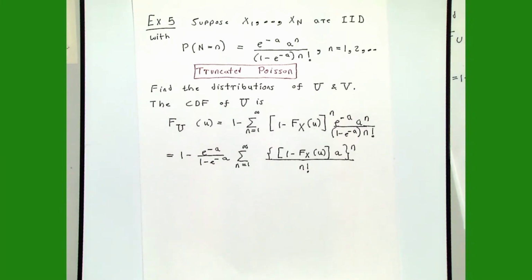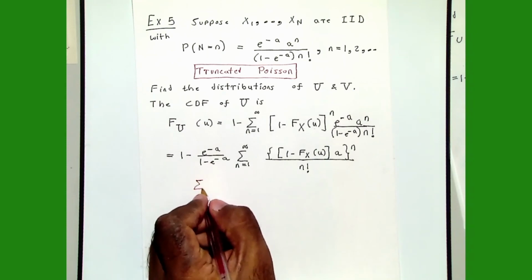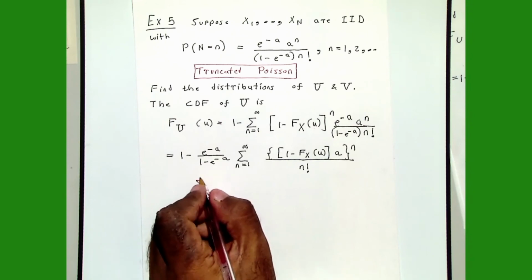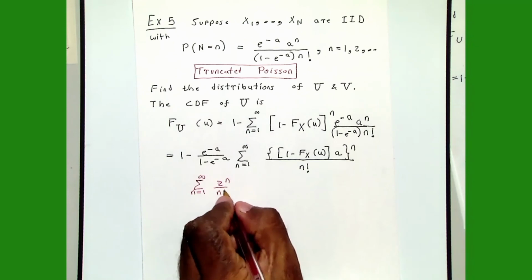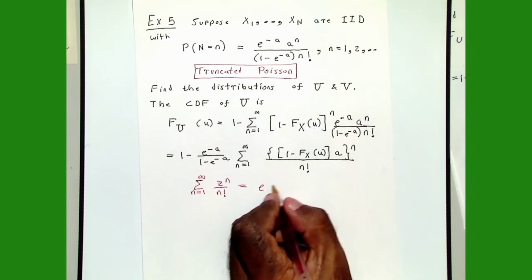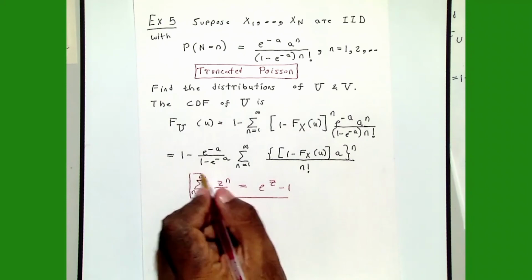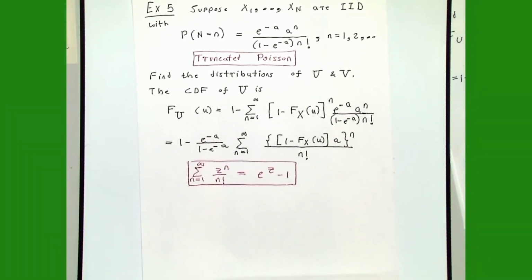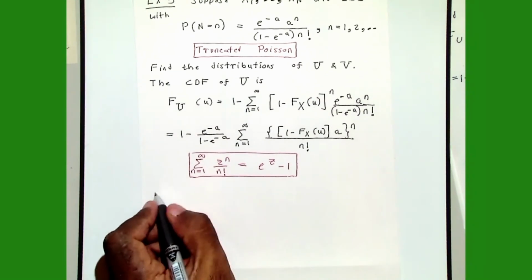Now in the next step, I'm going to use a result that you may or may not know. If you have something like this, then it's equal to e to the z minus 1. Using this result, you can simplify the summation to the following.